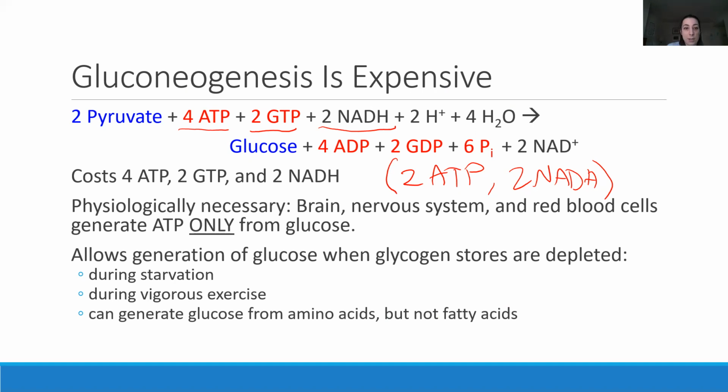So, again, brain, nervous system, red blood cells, these rely on glucose for their energy. So, these particular areas during times of stress and starvation and exercise are going to then put in the energy to make glucose. So they will try to make glucose from other precursors, amino acids, not fats, amino acids and other things, so that they can then use that glucose to get energy.